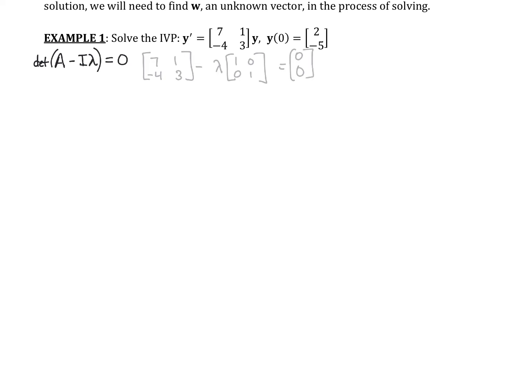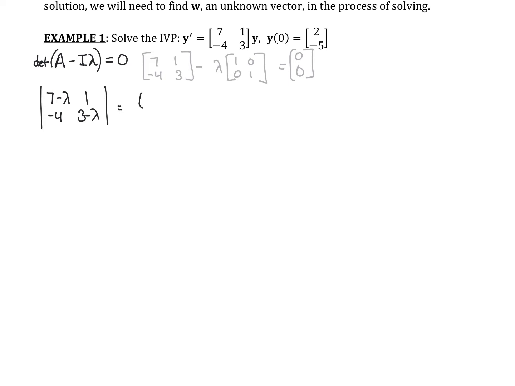And then we'd go through and do that subtraction, the multiplication by lambda. I'm hoping we can get past that and go straight to the idea of the determinant. So really what I want to find is the determinant of 7 minus lambda, 1, negative 4, 3 minus lambda. So I'm hoping we can forgo this process and move straight into the determinant.